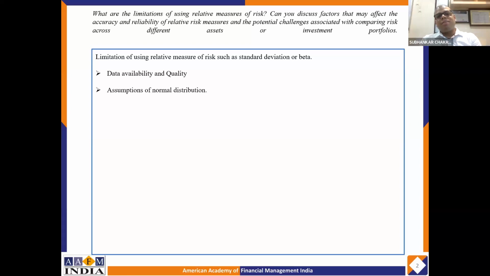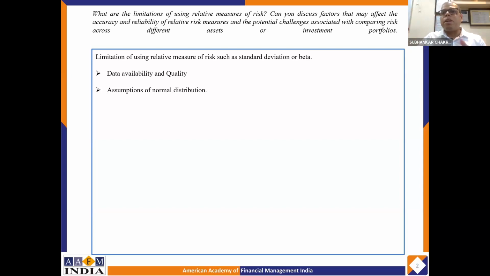The second one is assumption of normal distribution. Now, when we do this data analysis based on the historical data, it is being considered that it will move in a normal distribution. But that is not the story. That can never be the case, because each asset class will move in its own dynamic way, and it's continuously moving. So there cannot be a normal distribution at any given moment.